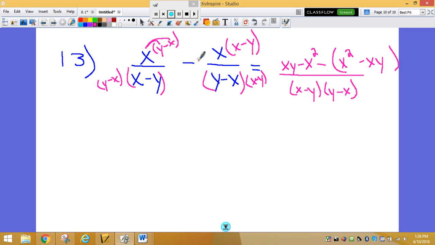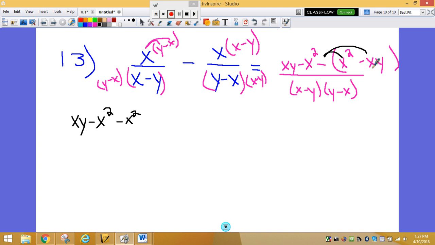So let's combine stuff. Let me just rewrite it. I don't want to confuse you. So I have x squared, xy minus x squared minus x squared, minus and a minus.